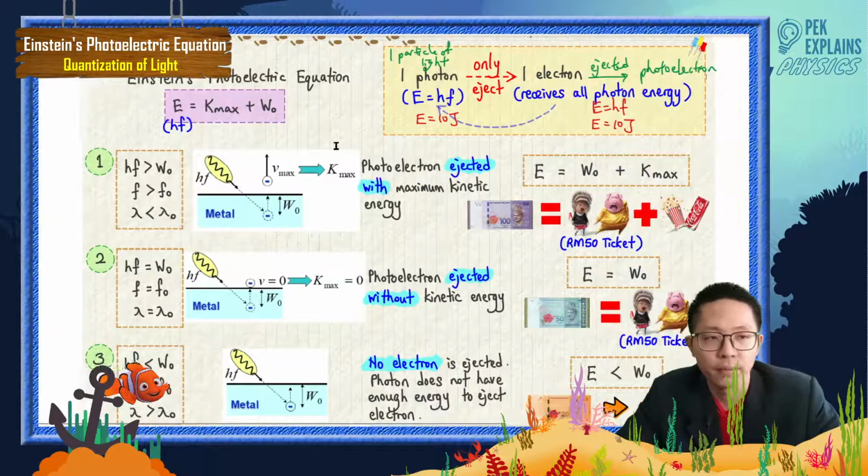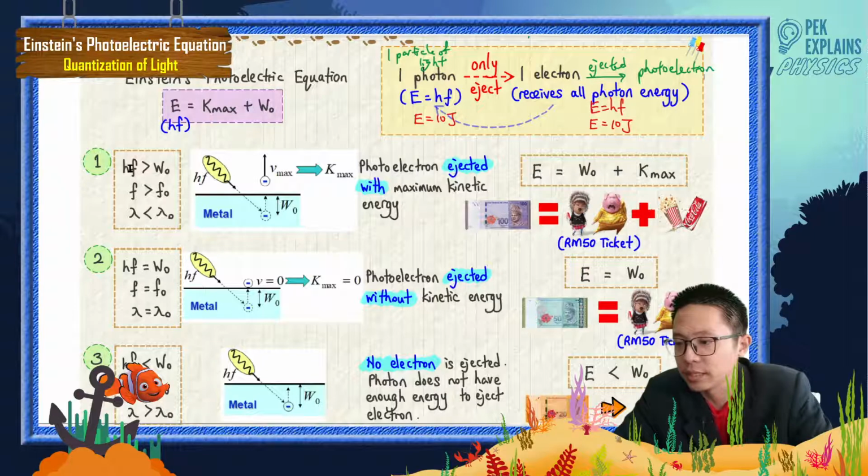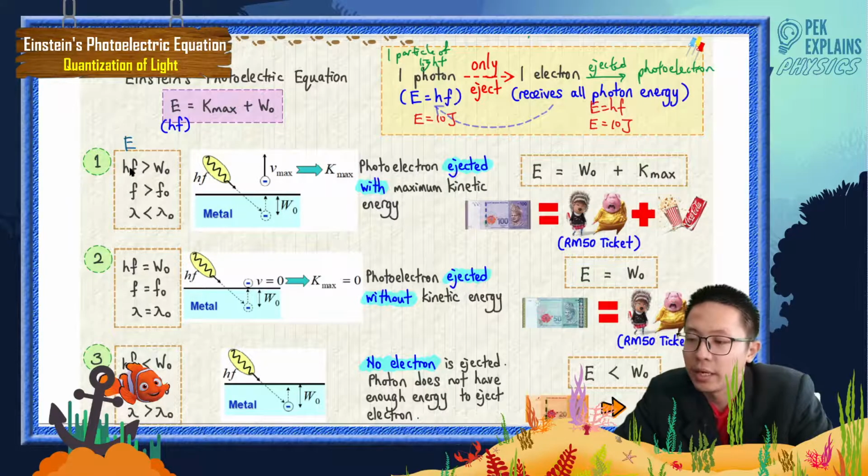Let's look again. So hf is the incident photon energy, more than the work function. Work function is the minimum energy required.